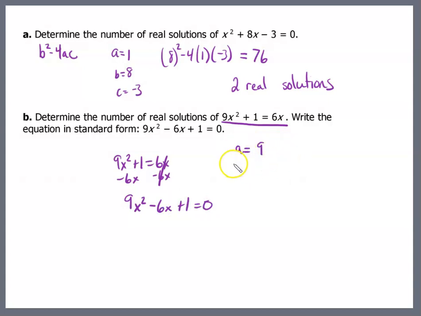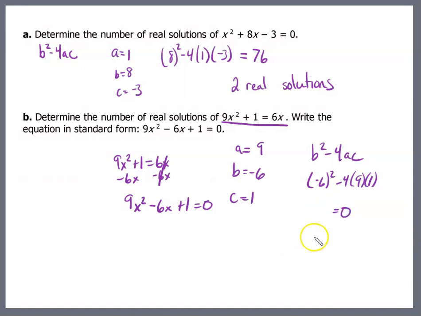The a value is 9, the b value is negative 6, and the c value is 1. So the discriminant is going to be b squared minus 4ac. So negative 6 squared minus 4 times a times c. We can type that into our calculator and we get 0. When the discriminant equals 0, that means there is one real solution.